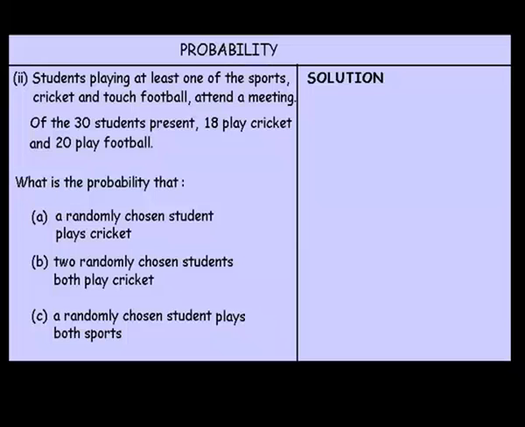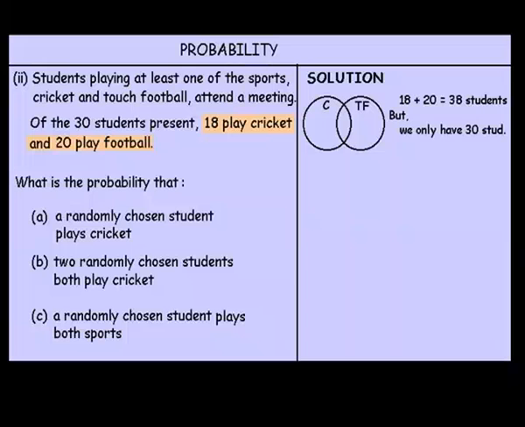When you're talking about 2 groups, we'll draw a circle representing the cricketers, and we'll draw another circle representing the touch football players. And we've deliberately chosen those circles to overlap. Let's see why. 18 play cricket and 20 play football, so 18 plus 20 is equal to 38 students.